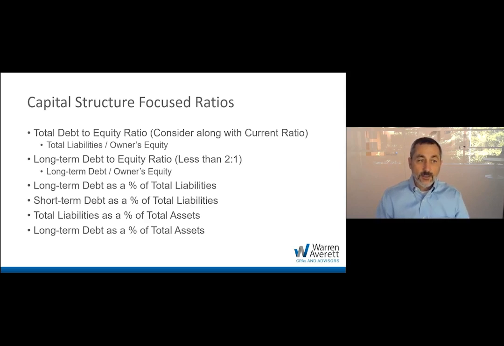In other words, the assets the company has, this tells us how much of those assets were acquired by the company with borrowed funds, long-term borrowed funds. So what all of these tend to reflect is how much risk and how much leverage or borrowings the company has. I gave you a 2 to 1 on the long-term debt to equity ratio.